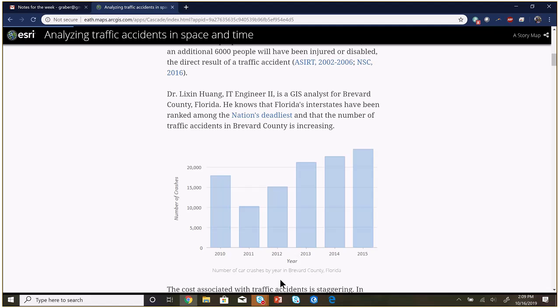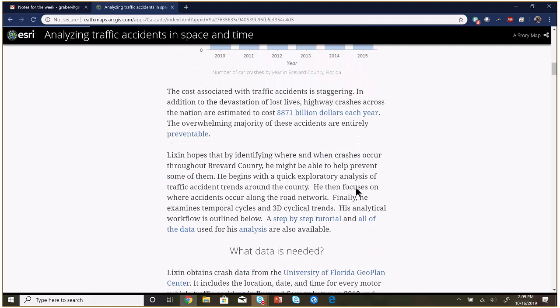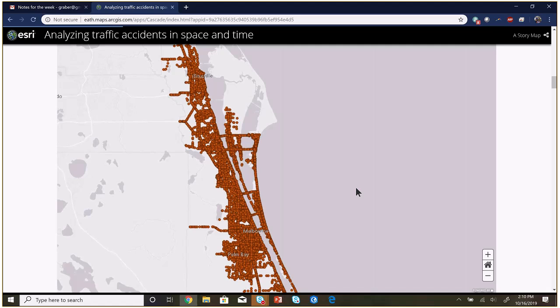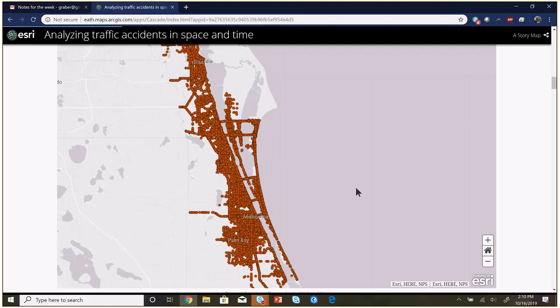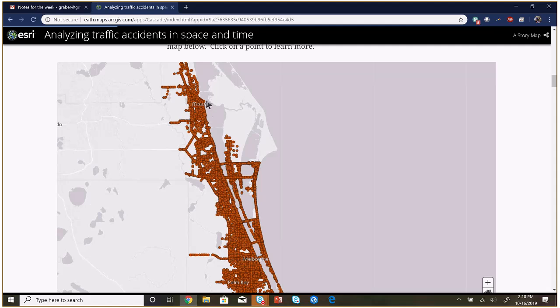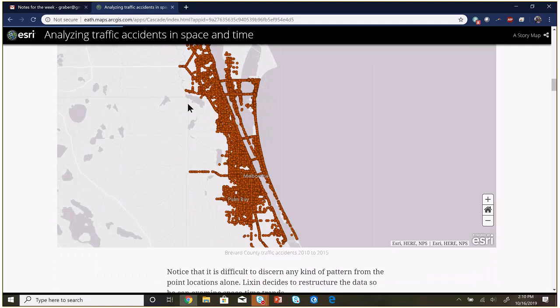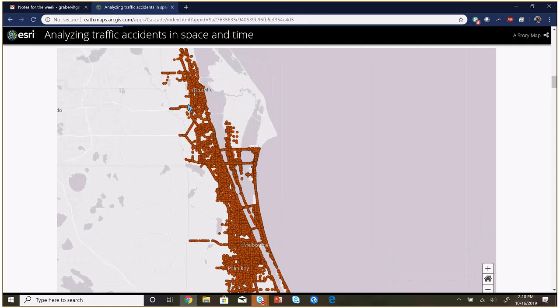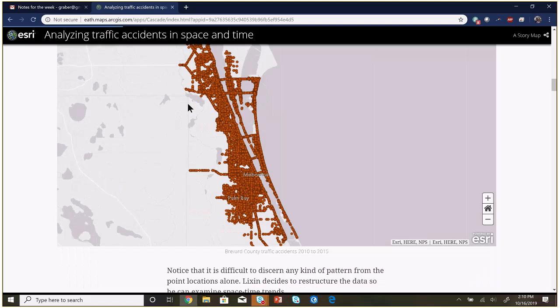They actually created a tessellated surface, and they were looking at traffic incidents over time. And they calculated. So here's all the accidents that happened. Okay, this is along the Space Coast. Titusville is kind of near Cape Canaveral.